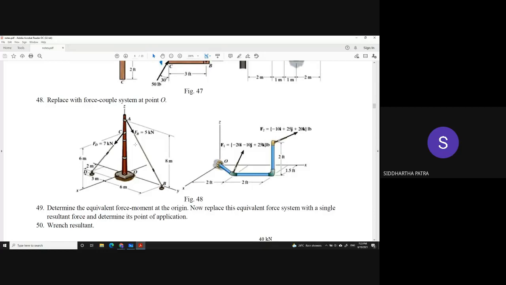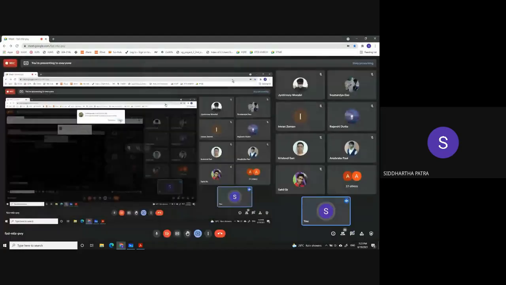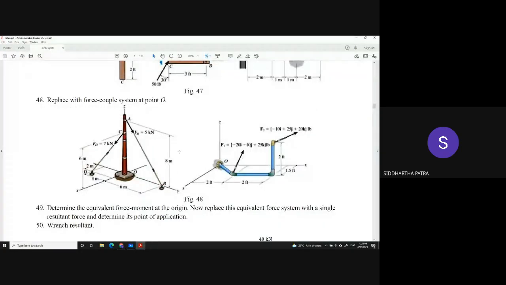Okay, I just need you to notice one thing that I have been repeating over and over again. When we are talking about a force system, that could be only a set of forces that are acting on a given rigid body. That can be only a subset of all the forces that are acting on that rigid body. So we are only trying to get the equivalent of that subset.